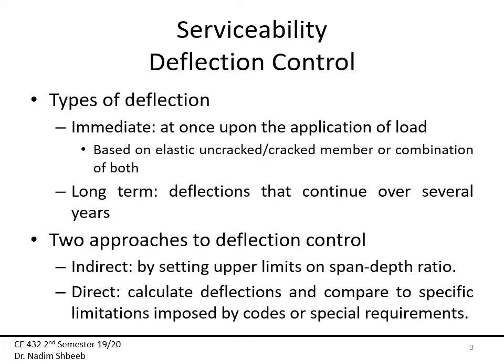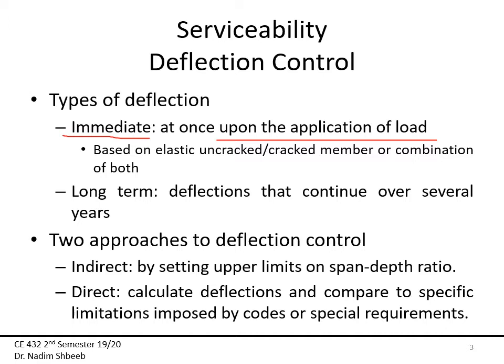Now, there are two types of deflection. Type 1 is the immediate deflection, and this is what we see upon the application of load. Let's say after we have the shoring in and we remove the shoring, if again the design is not adequate, sometimes you could actually see the deflection right away.